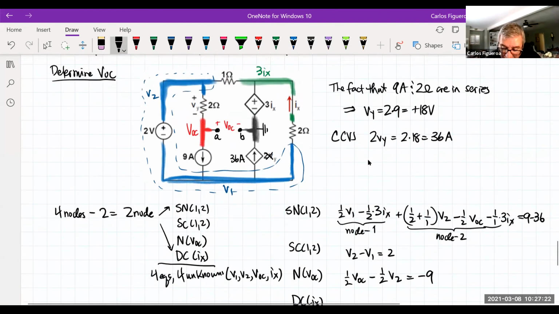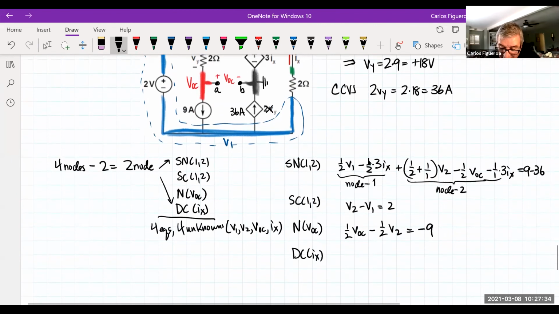And I could see that my IX is flowing through the 2 ohm resistor. So it should be V1 minus 3IX equals IX. So in this case here, it should be V1 minus 3IX, and then it's going to be 2IX. So if I clean this up just a little bit to put it into matrix form, it's going to be 3IX.